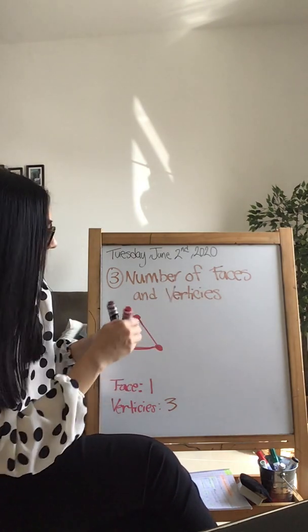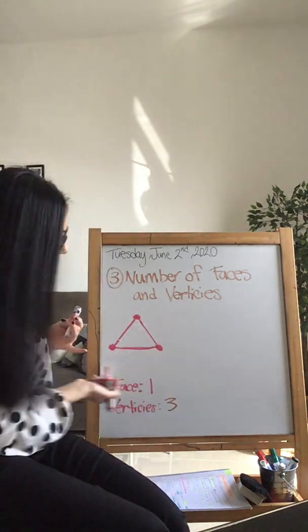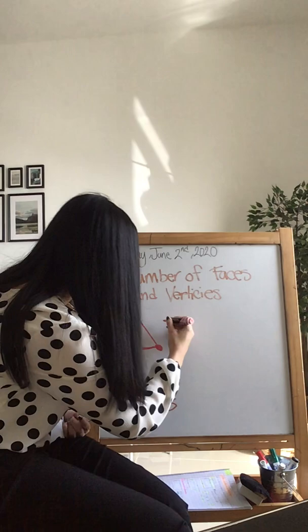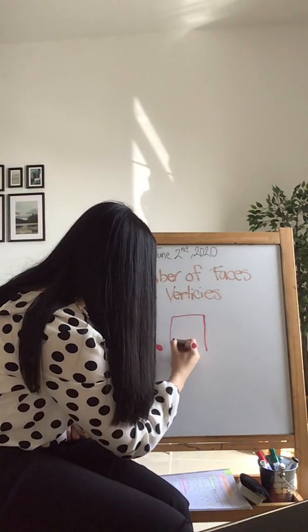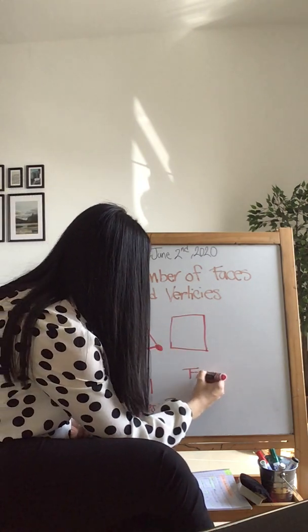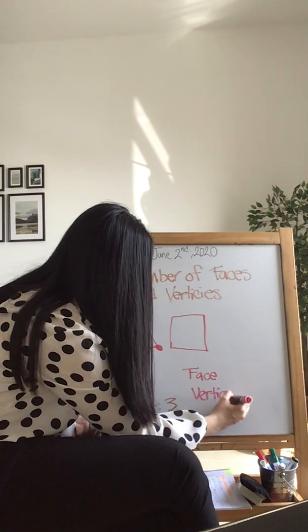Now let's do a 3D shape, because that's where it gets a little bit more, it's always easy, right? Face is always 1, right? So if I did, let's do square. Okay, again, face, vertices.